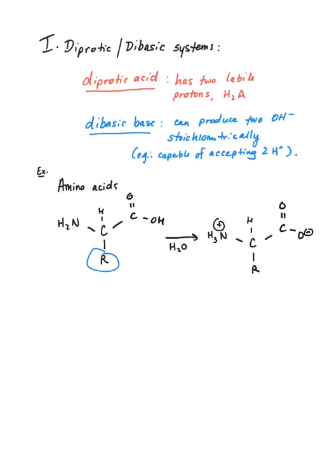So we come up with a structure that has two charges on it at two different locations. A structure with two charges on the same molecule at two different locations is called a zwitterion.